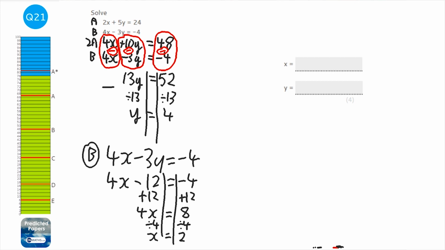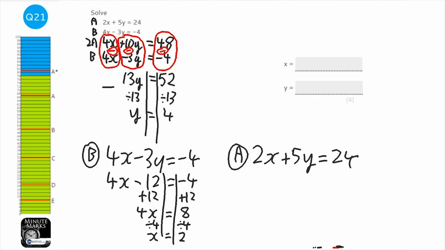So let's check that, and again, if you've got time at the end of the exam you can check this. So let's substitute them both into a. Now a is 2x plus 5y equals 24, so let's just check that works. So 2 times 2 is 4, and 5 times 4 is 20, and yes, that does equal 24. So we've got y equals 4 and x equals 2.